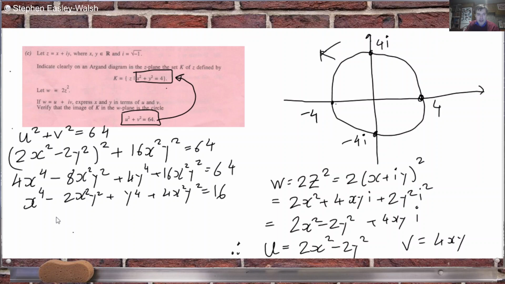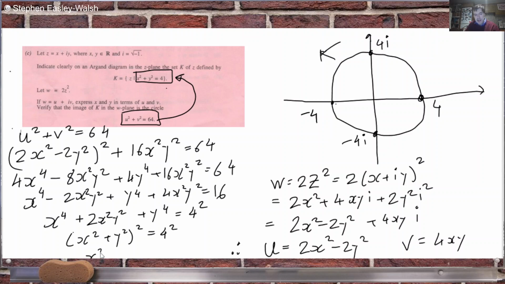Actually, this is looking good, because then what I can do next is x^4 plus 2x squared y squared plus y^4 equals 4 squared, and that's (x squared plus y squared) squared equals 4 squared, which means x squared plus y squared has to equal 4. So I've verified that. That's good.